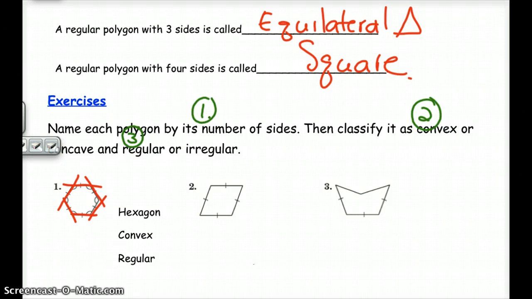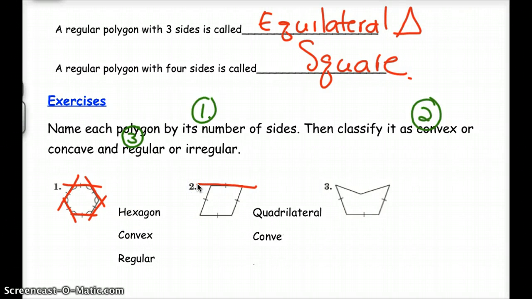Let's take a look at number 2. I need to name it by its number of sides. If you've written parallelogram down, that is a special quadrilateral, a special 4-sided figure. So I'm looking for quadrilateral on that one. And then I need to classify it as convex or concave.